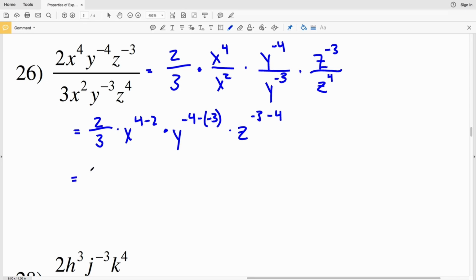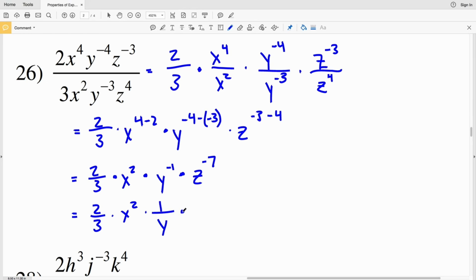So that's equal to 2/3 times x squared times y to the negative 4 minus negative 3 is negative 1 times z to the negative 3 minus 4, which is negative 7. So I'll rewrite this as 2/3 times x squared times 1 over y times 1 over z to the 7th, remembering my negative exponent rule. Now I'll simplify that all, multiplying the numerators.